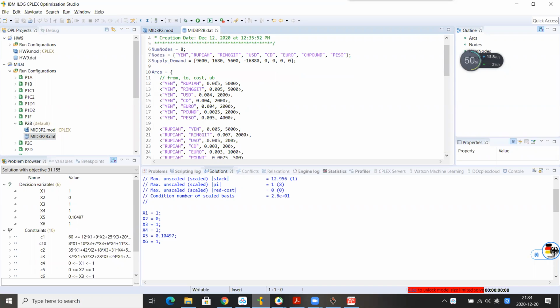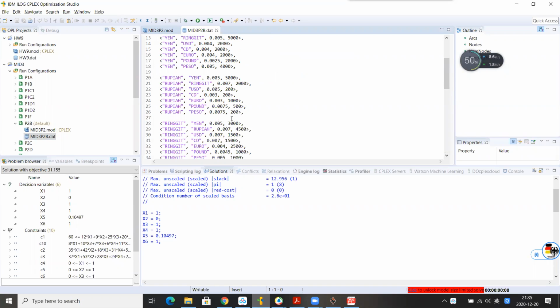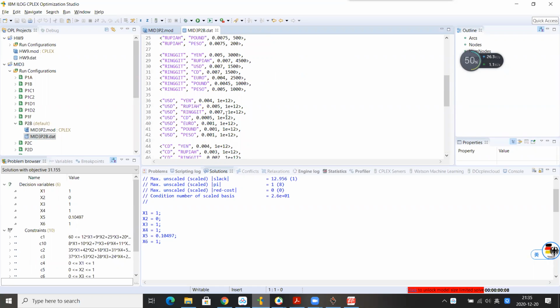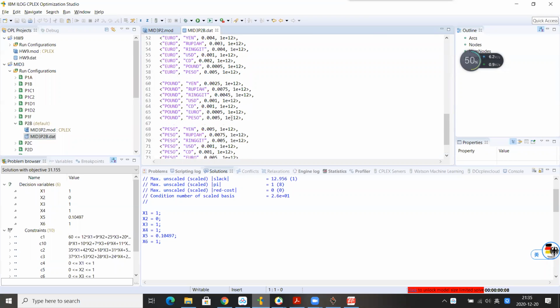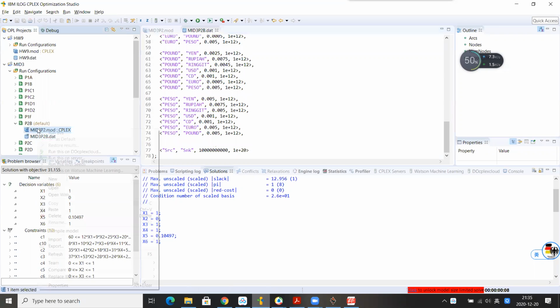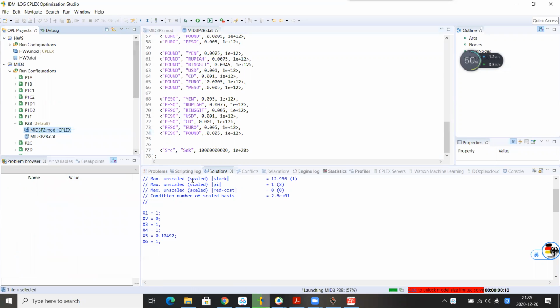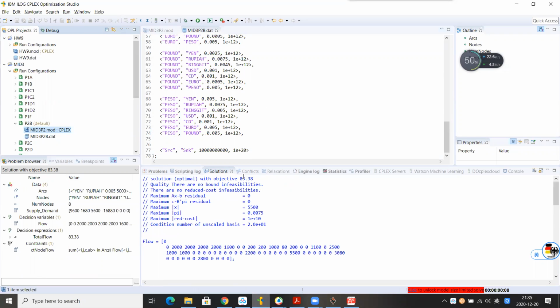For this structure, this is the cost from here to here, and this is the amount limit for those three. For this part, the government does not have an amount limit, so I just use a rather big number to represent no limits. Let's just run this. Here is the answer.